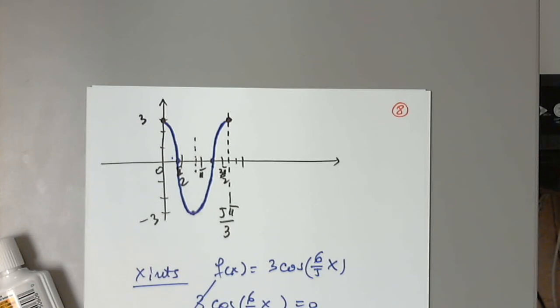Okay, now we have to adjust the viewing window. I only care to see between 0 and 5 pi divided by 3. I care about a unit, let's say, of pi over 3 or pi over 6, it doesn't matter. I only care for -4 to +4 with a scale of 1.